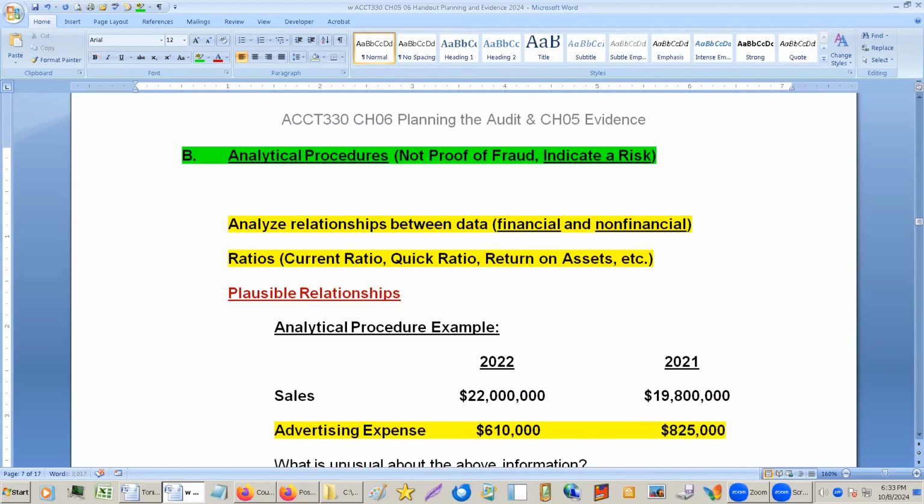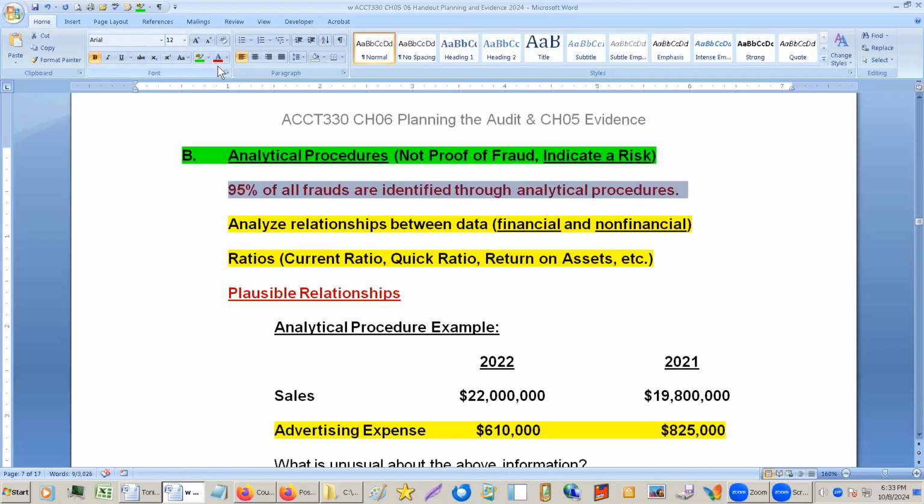It depends on where you read about it, some say 90, some say 99, but let's go with 95, right in the middle here. Ninety-five percent of all frauds are identified through analytical procedures.